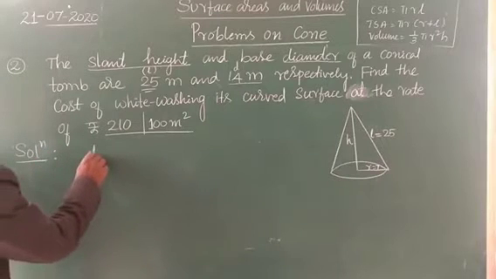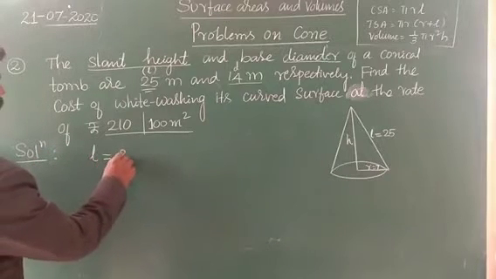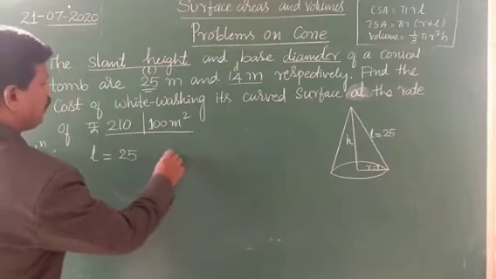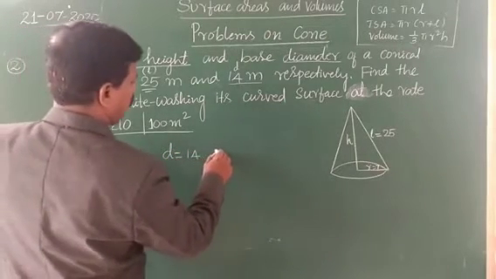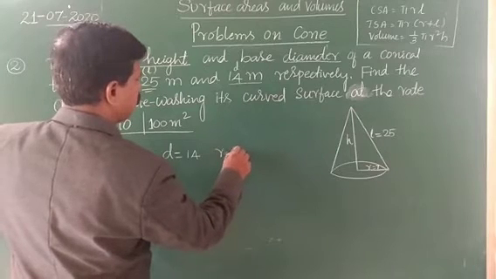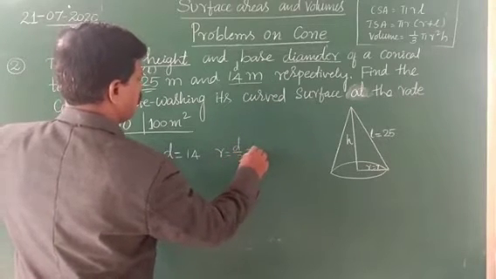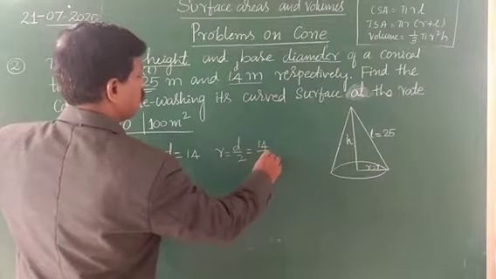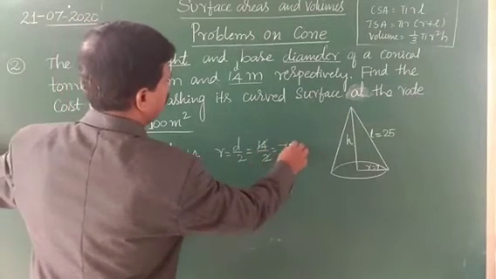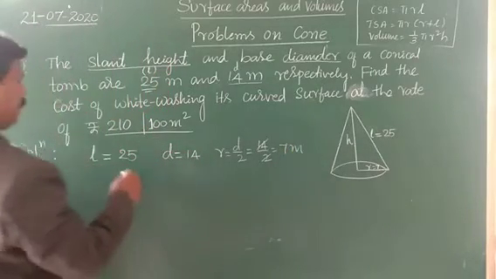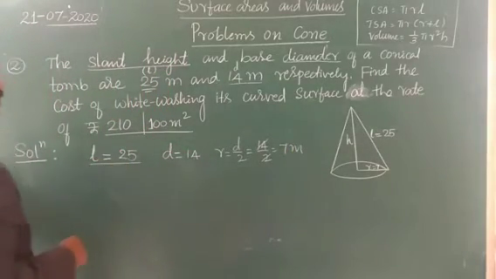So what is given? L is 25 and D equals 14. So what we need? R. R is equal to D by 2, that is 14 by 2 is 7 meter. Okay, here L is 25.